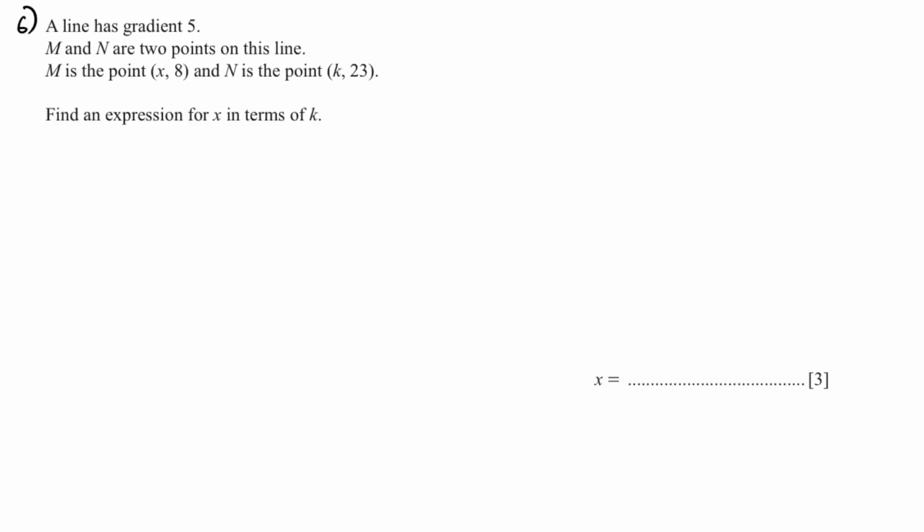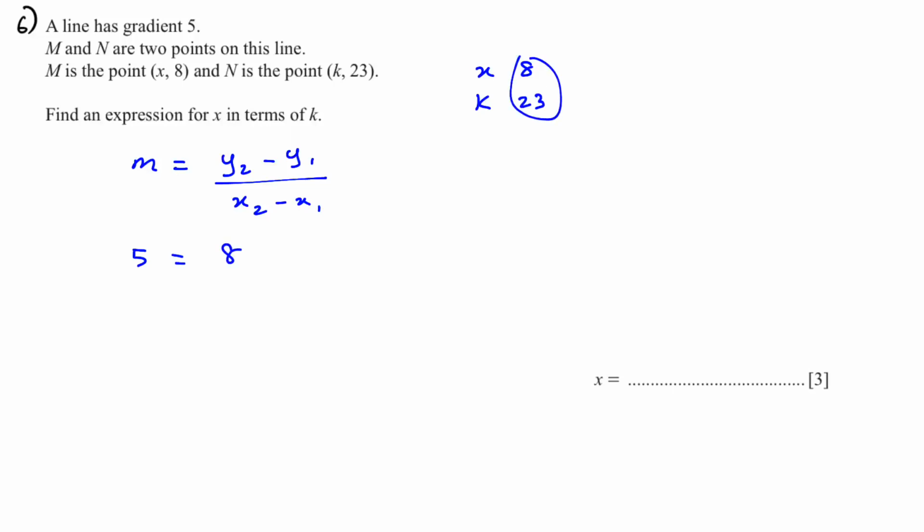Because the gradient is given to us, we are going to use the gradient formula, which is y2 minus y1 over x2 minus x1. Let's write down the points: (x, 8) and (k, 23). The gradient is 5, so y minus y, 8 minus 23 over x minus k.